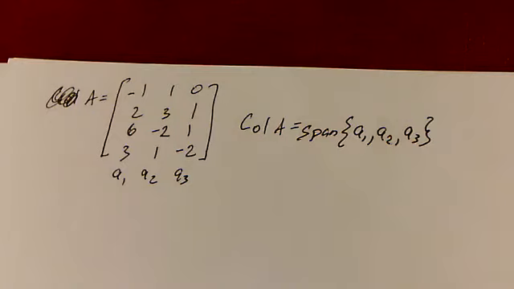We want to first determine if these are independent vectors or not. So get a matrix. It's going to be a 4 by 3 matrix this time: -1, 1, 0, 2, 3, 1, 6, -2, 1, and then the fourth row is 3, 1, -2. Remember that a typical calculator will not do RREF of a 4 by 3.